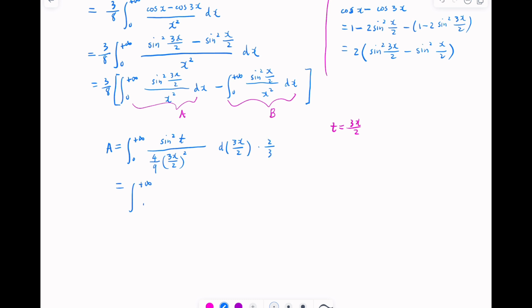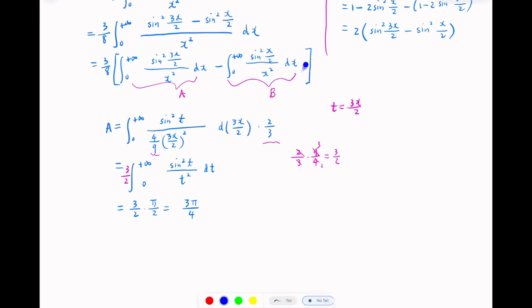What we have is the integral from 0 of sine squared t over t squared dt, but there's an extra constant. The constant here is 2 over 3, and then you flip over 9 over 4, that's going to be 3 over 2. So it's going to be 3 over 2 up front. And this integral, earlier we know is equal to pi over 2. So 3 over 2 times pi over 2 is going to be 3 pi over 4.